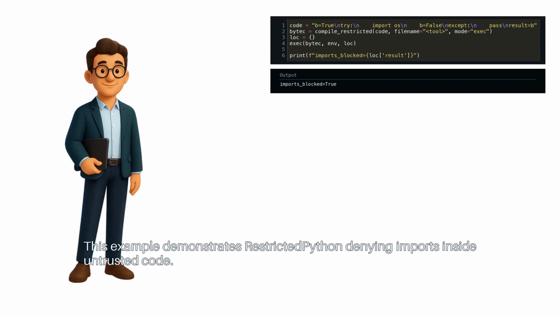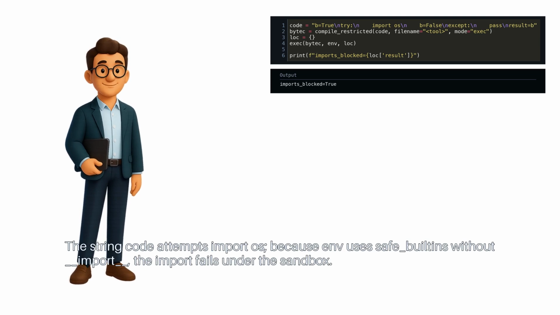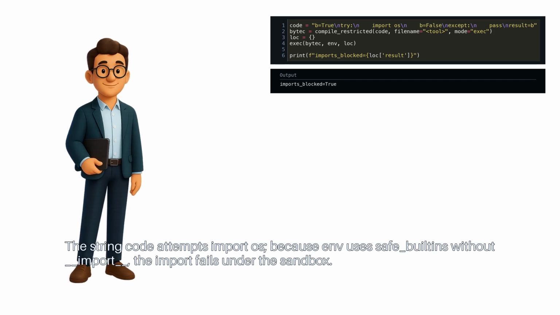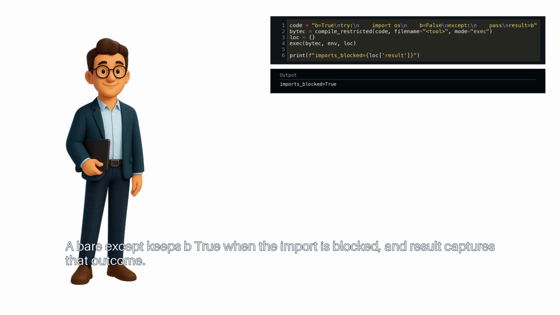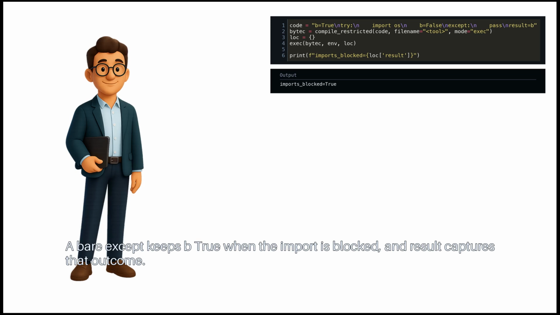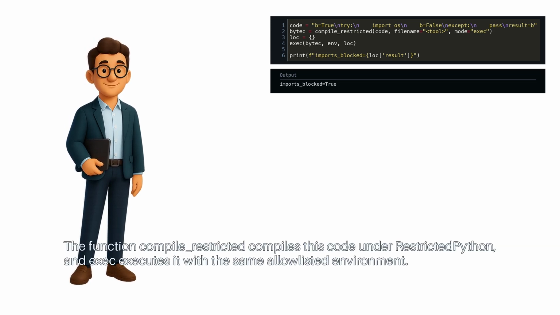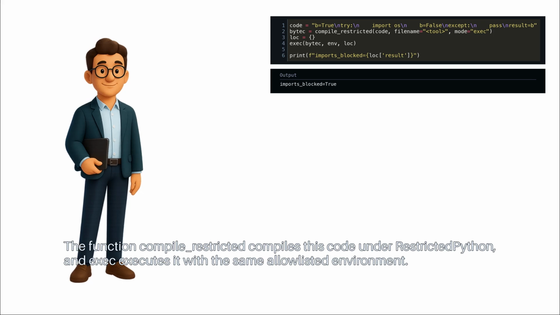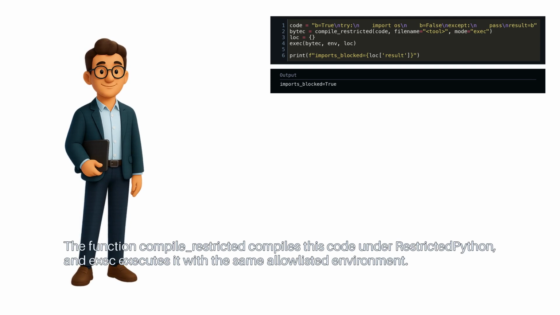This example demonstrates RestrictedPython denying imports inside untrusted code. The string code attempts import os. Because env uses safe built-ins without import, the import fails under the sandbox. A bare except keeps b true when the import is blocked, and result captures that outcome. The function compile_restricted compiles this code under RestrictedPython, and exec executes it with the same allowlisted environment.